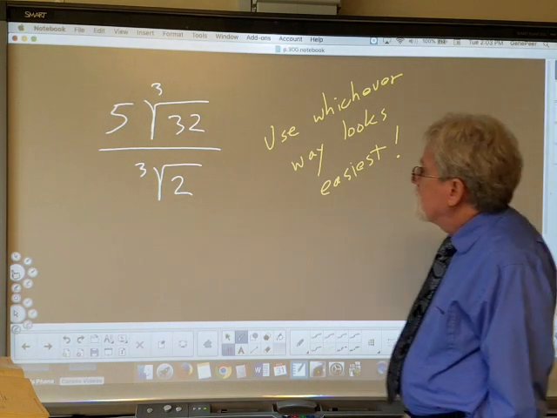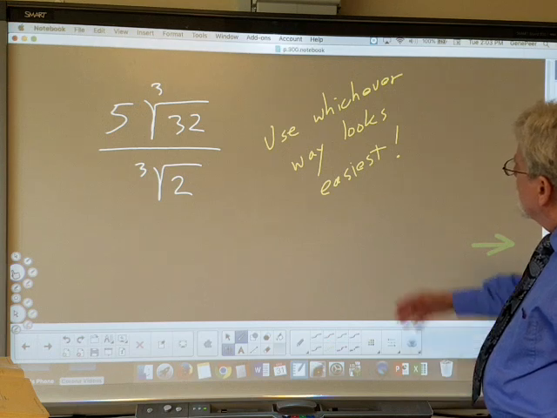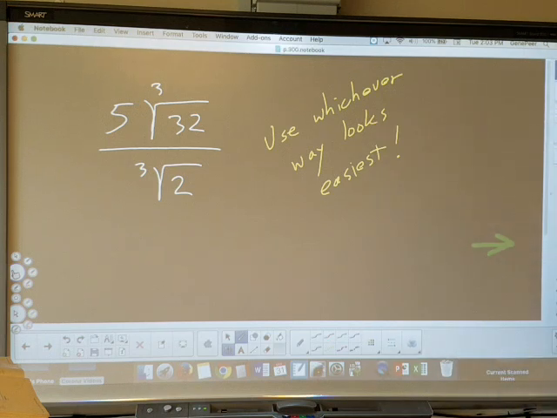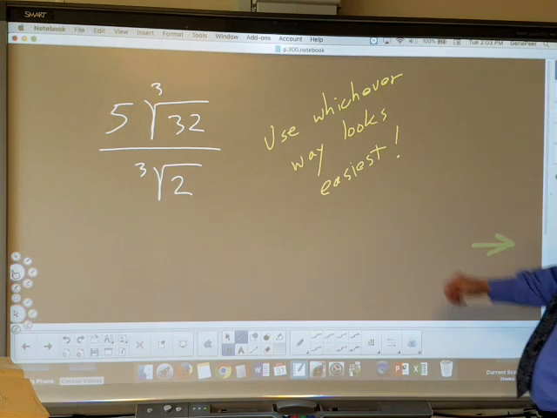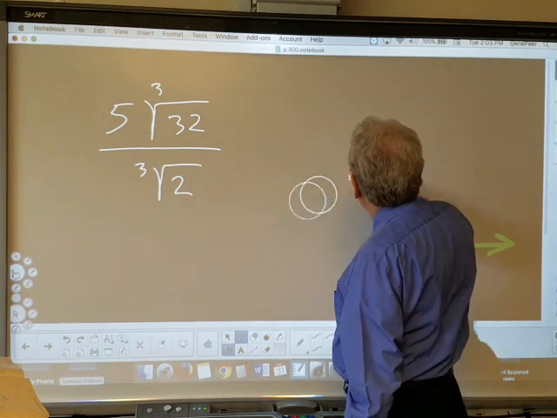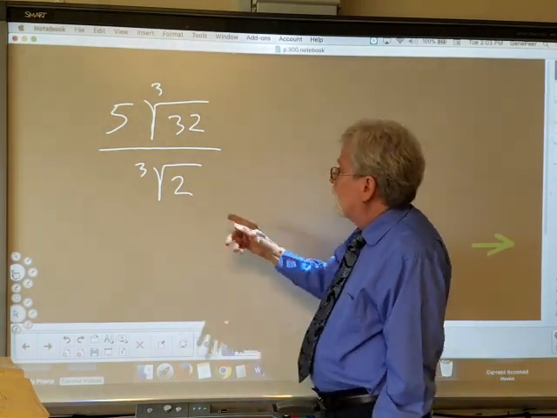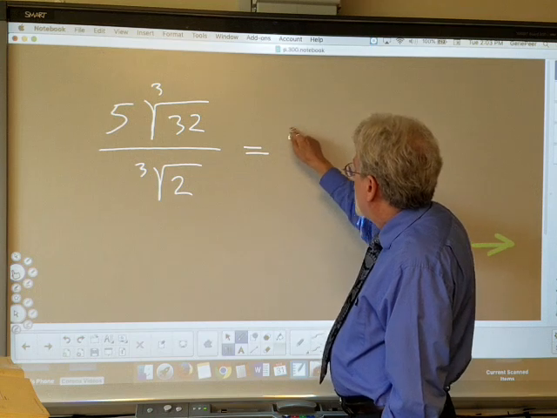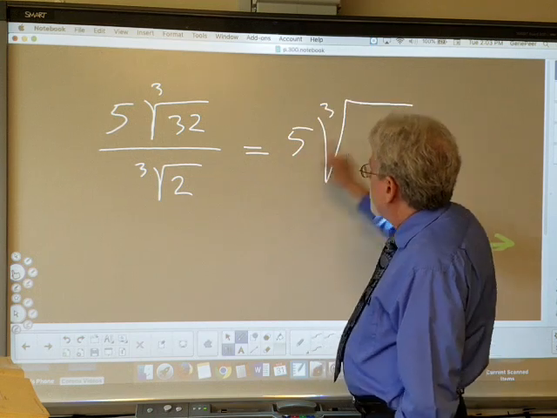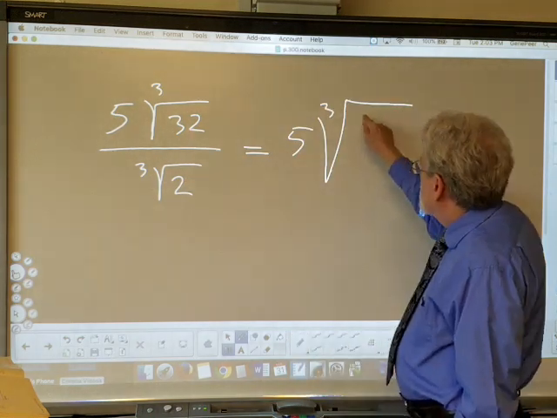Okay, this guy, my note here: use whichever way looks easiest to you. In this case, to me, it looks far easier to combine this as 5 times the cube root of 32 over 2. Why am I allowed to do that?